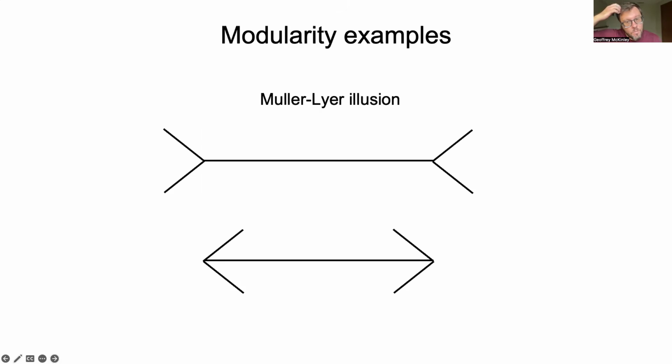Despite you knowing that the two lines are exactly the same length, you still are tricked, right? And this shows that your beliefs have no influence on your perception. Whatever module is involved in constructing this perception doesn't listen to our own beliefs. In other words, it's informationally encapsulated from our beliefs.